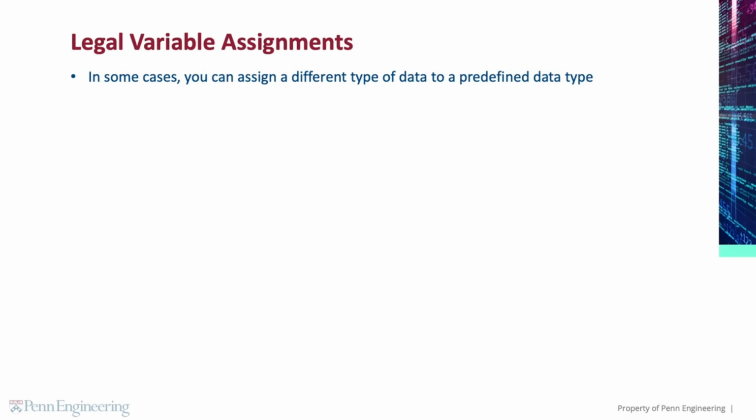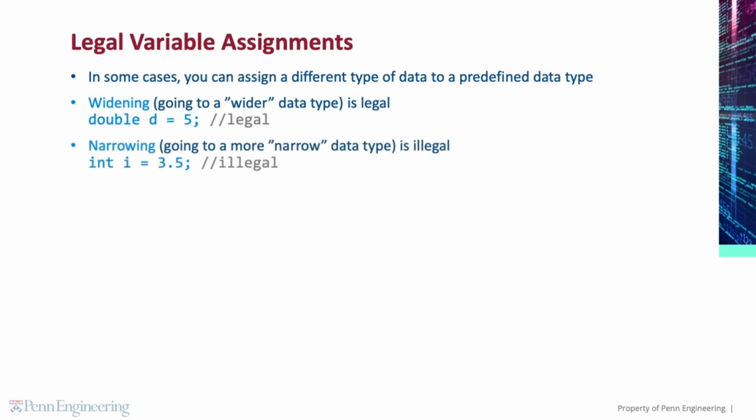In some cases, you can assign a different type of data to a predefined data type. Widening means going to a wider data type. Here we're assigning an int to a variable of type double. This is legal. Narrowing means going to a more narrow data type. Here we're assigning a double to a variable of type int.